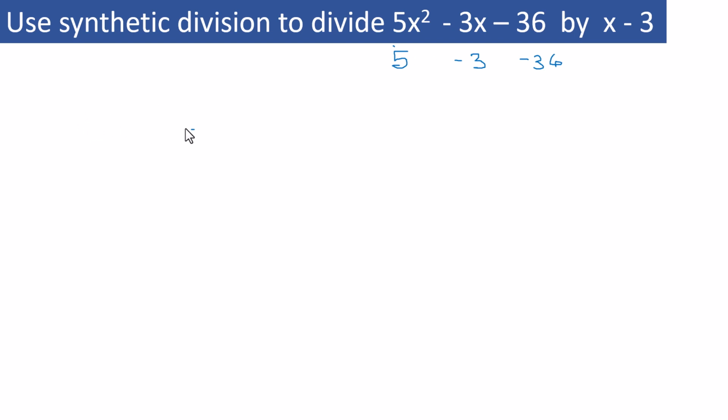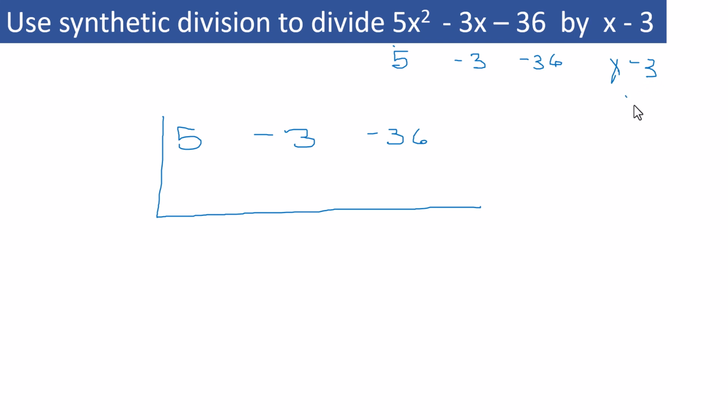So we're going to take this 5, negative 3, and negative 36, and we're going to put an upside down division symbol, leave room for another row of numbers, and then we're going to take the x minus 3 and solve for x. So x is equal to positive 3, and we'll put a positive 3 out here.